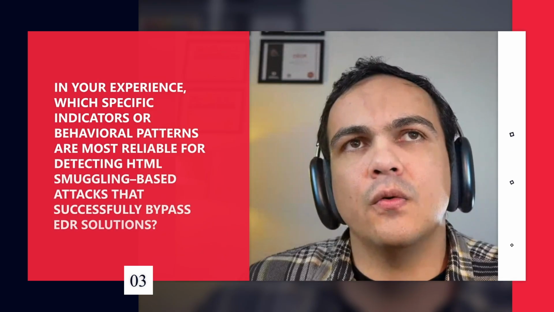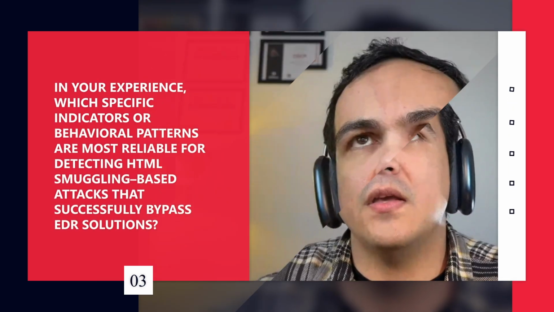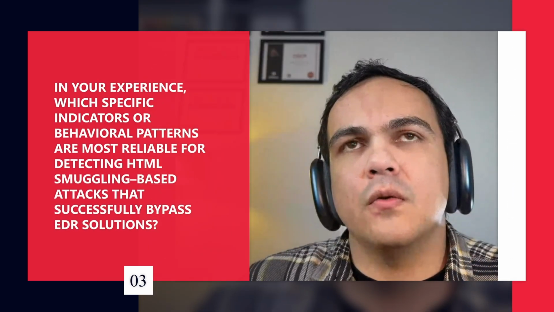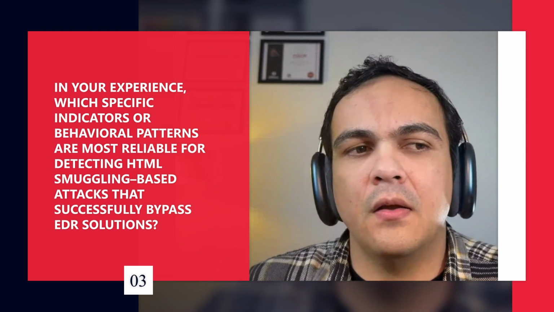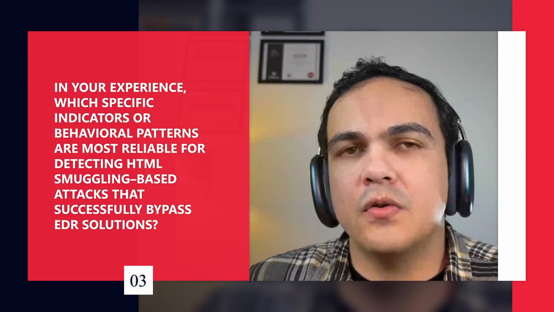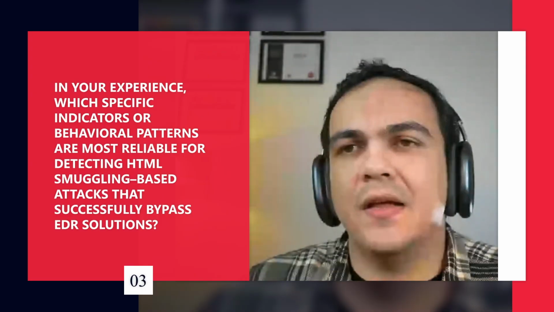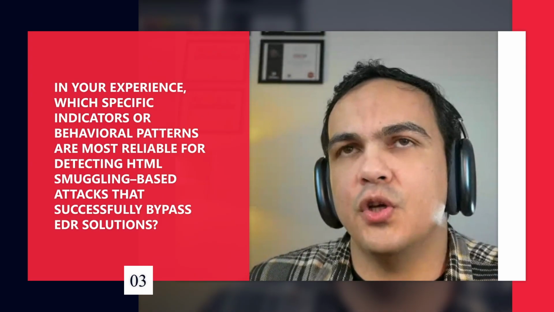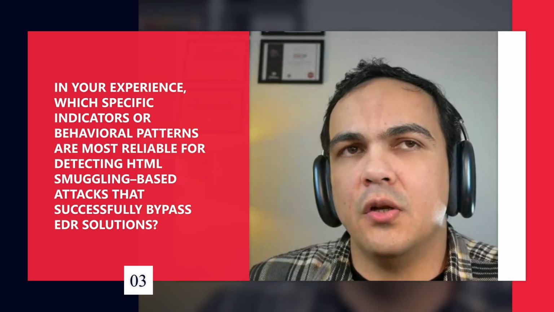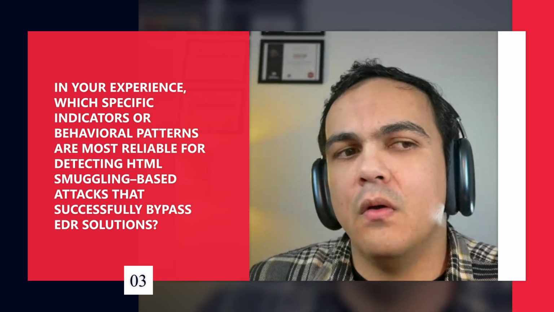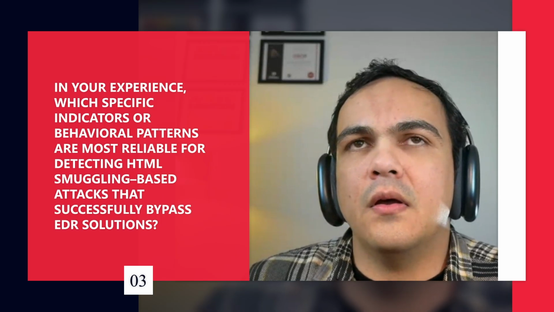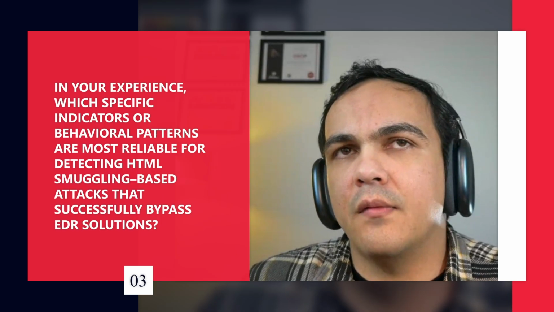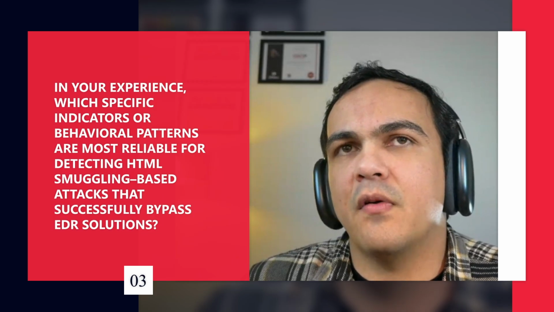You have many layers, and you have many ways to try to avoid this type of technique. For example, use next generation firewalls that have an option to look at the application level. Okay, and then you can easily avoid this type of attack.